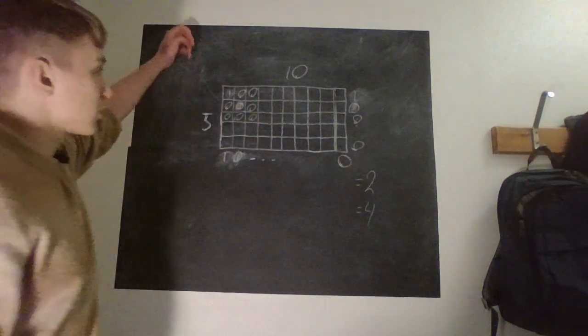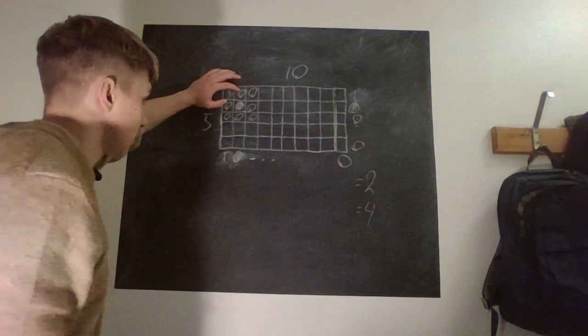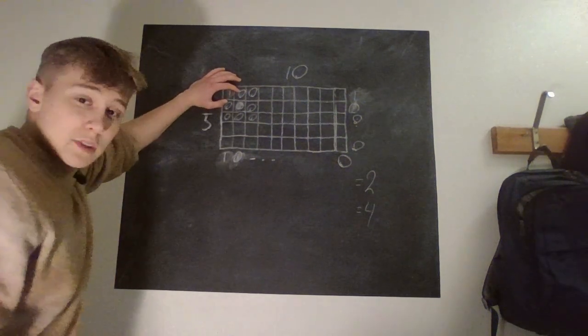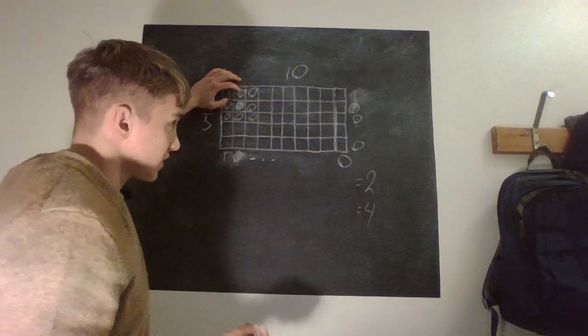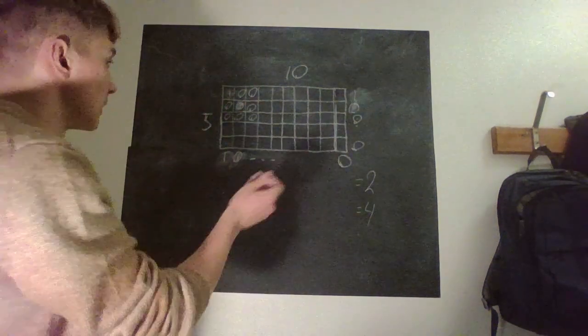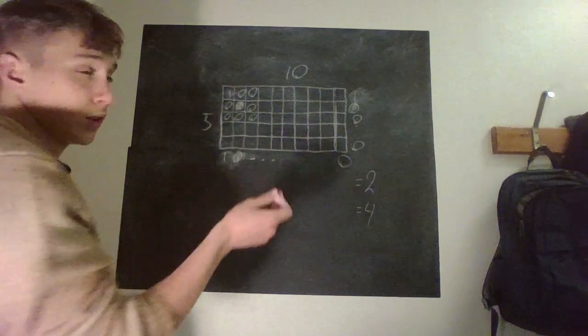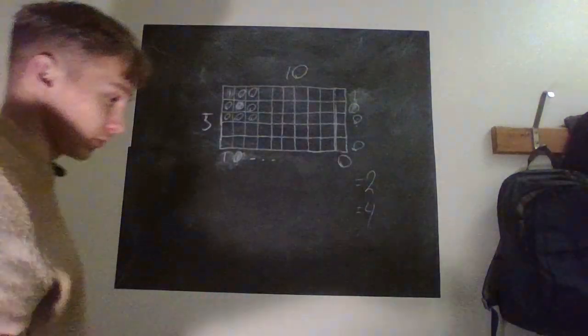If I were to switch one of these two, what would happen then? Because switching something from even to odd or odd to even, what matters only is if the column is odd or even, and if the row is odd or even.